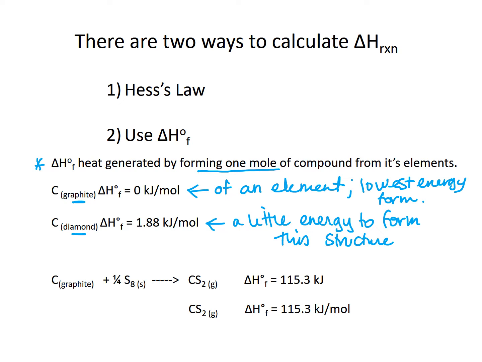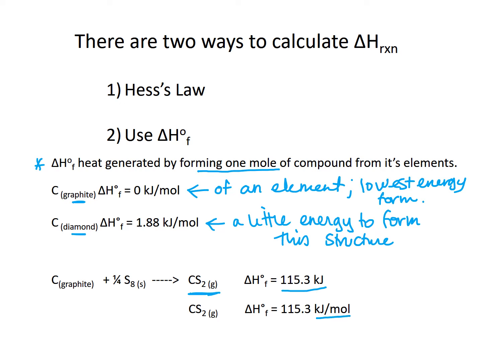Now, if I were to look at a compound right here, like carbon disulfide, okay? When I look up carbon disulfide, the gas, on a table, I find a delta H of formation of 115.3 kilojoules, or again, kilojoules per mole.